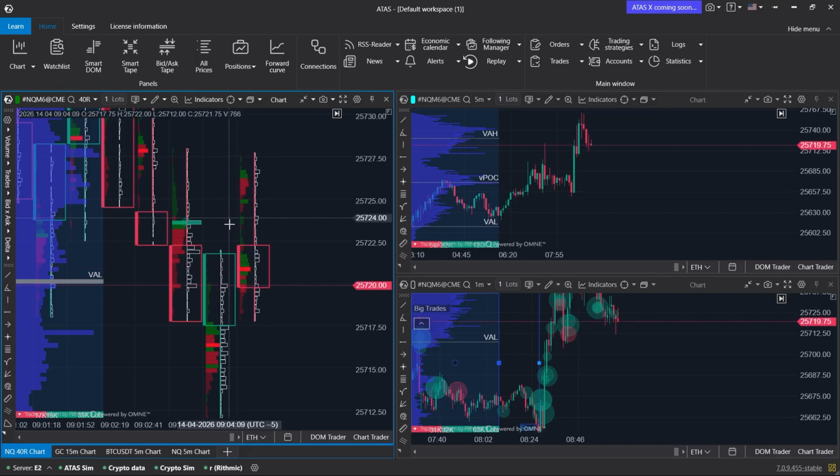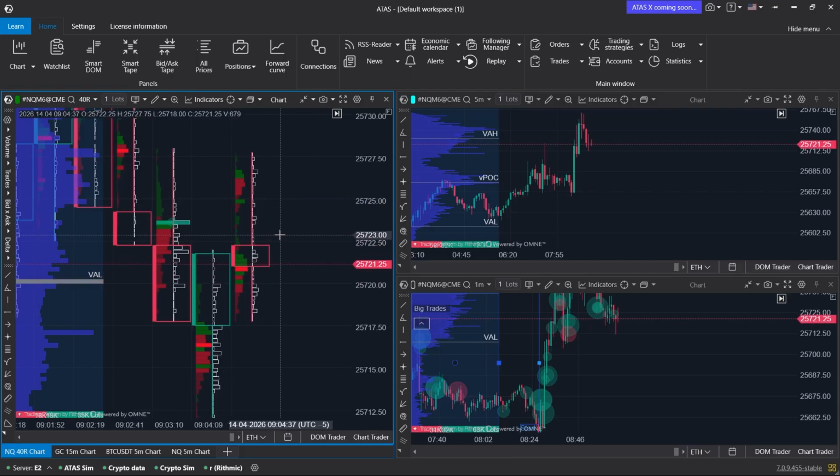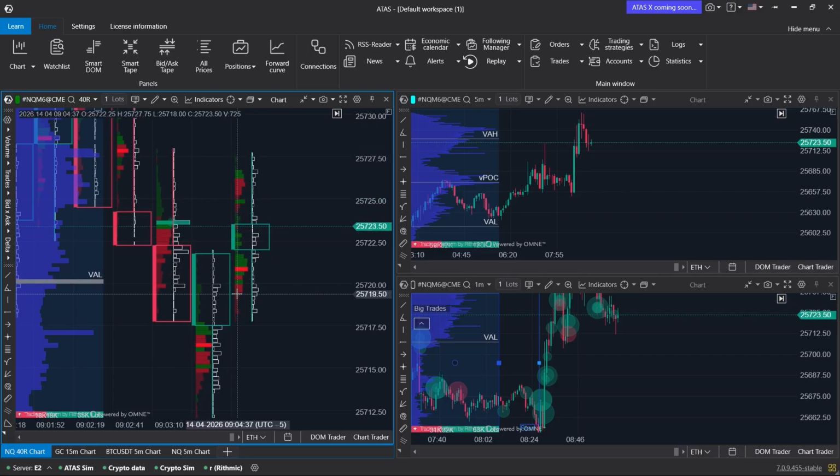This kind of volume profile is not looking too good. Let's see what happens. There is a lot of buy pressure and sell pressure at the same time.